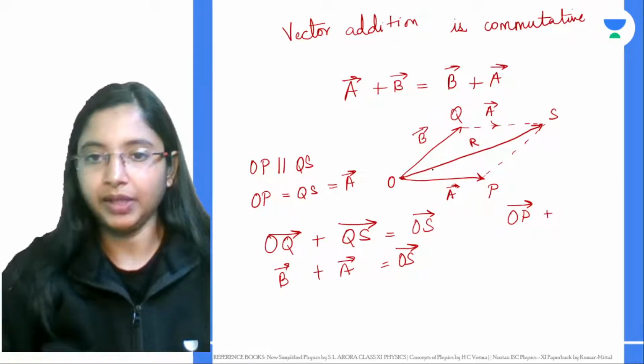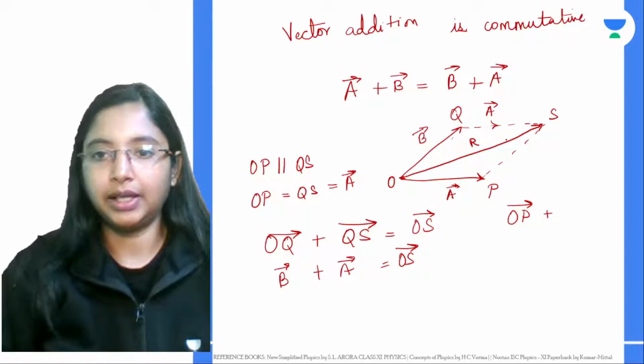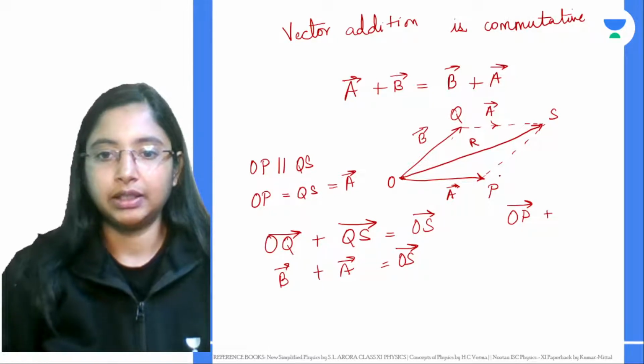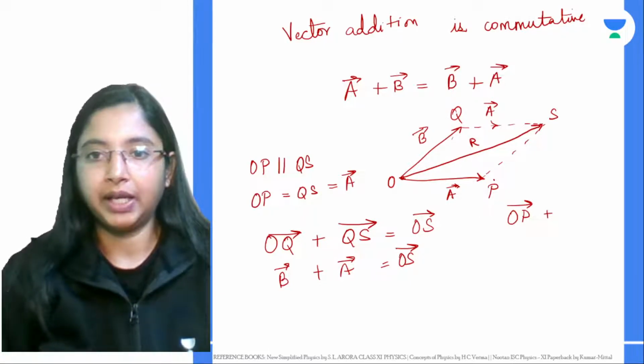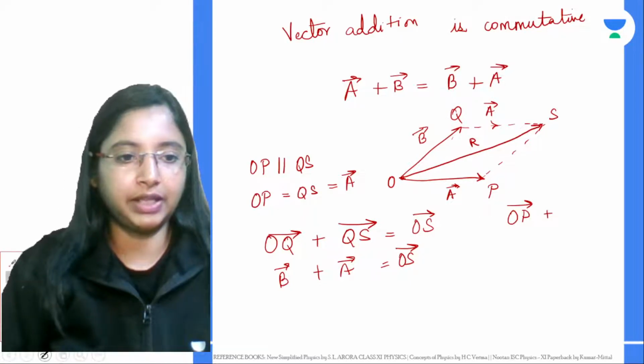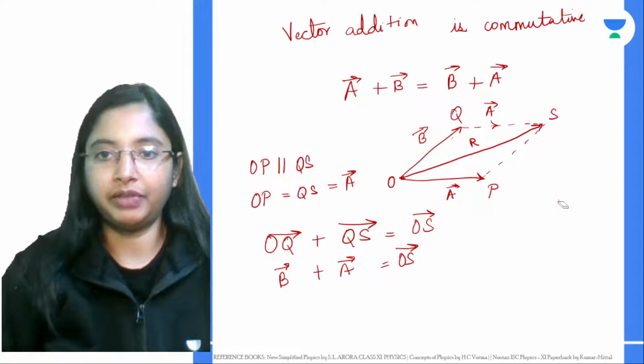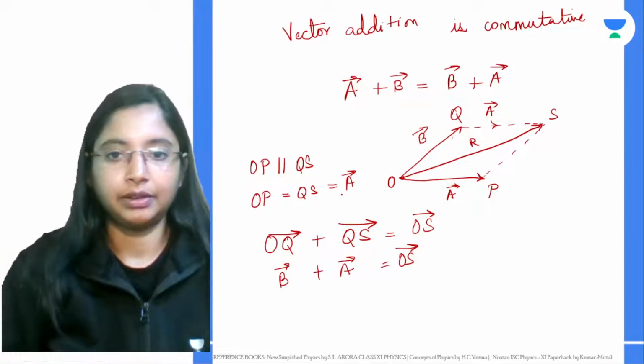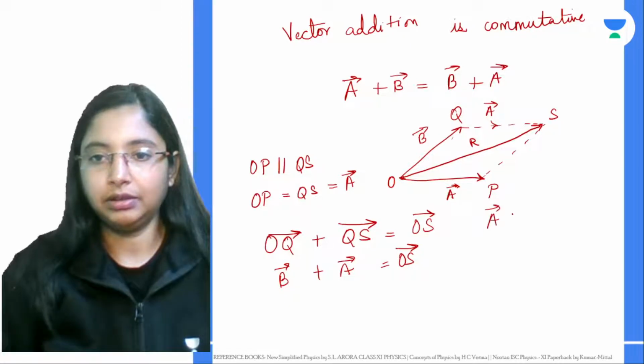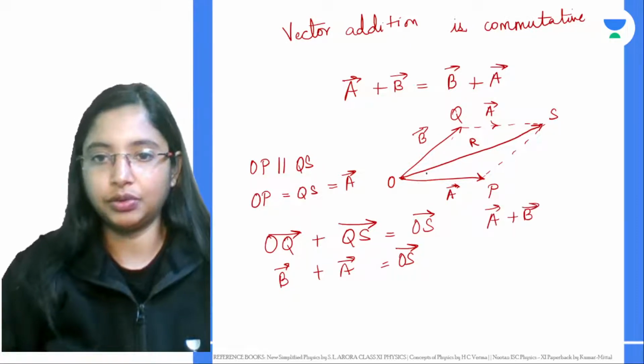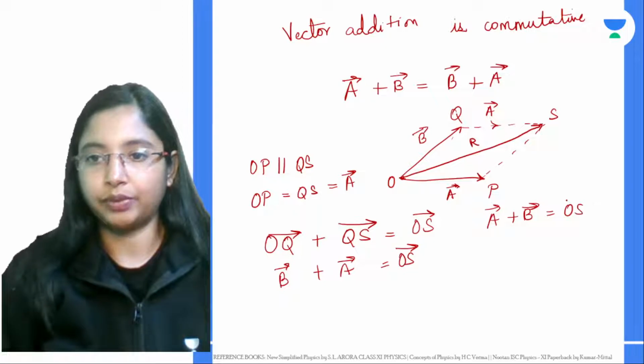This side, OQ vector, actually gave you OP vector plus this PS vector, since these two vectors are the same, because we started with this side. We started with adding this A vector and B vector, A vector plus B vector, that is these two sides, which was equal to this OS vector.